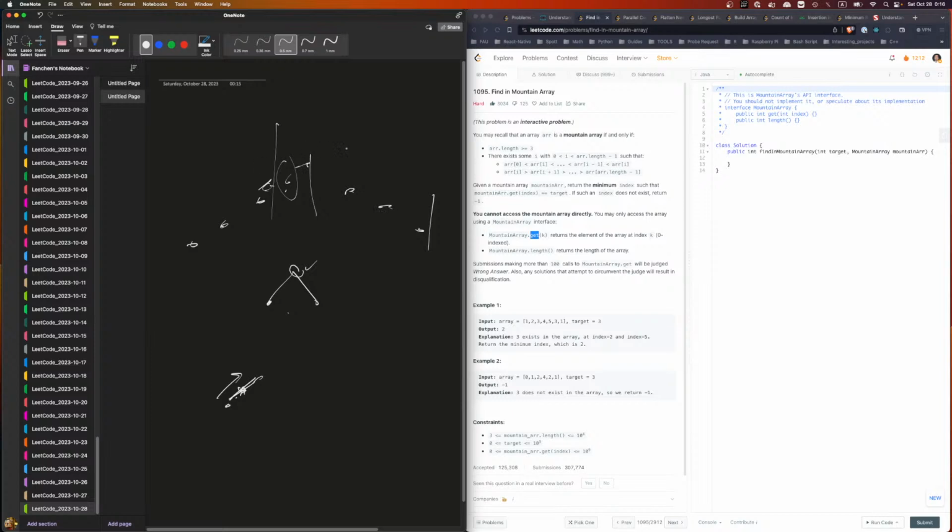We find the peak, then we need to write a binary search for the target. Now, if the target is not at the peak, we binary search on the left hand side, and binary search on the right hand side. That's it.